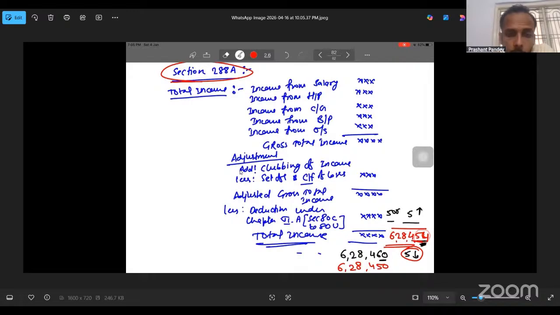For example, if wife has been receiving the rent of the house, still the rent received by the wife will be considered as income of the husband itself, and it will be summed up in the gross total income of the husband. Okay, because this transfer, the method of transfer itself gives the motive. The motive is to reduce the tax liability.